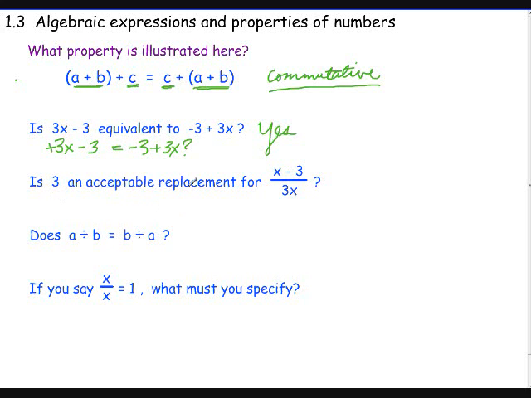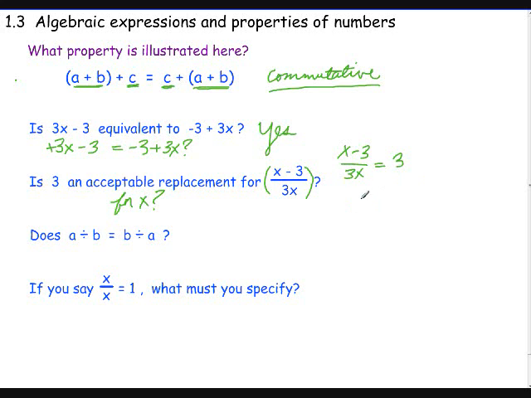Is 3 an acceptable replacement for this expression? Remember now, it's not asking you if 3 is an acceptable replacement for x. That's not what it's asking. It's asking about this whole expression. Well, one way we can test that is to take that expression and see what happens if we set it equal to 3.